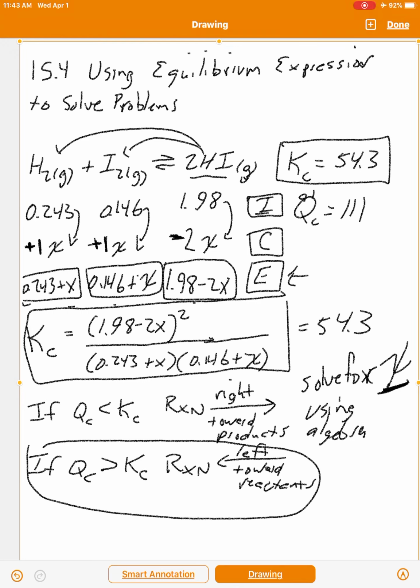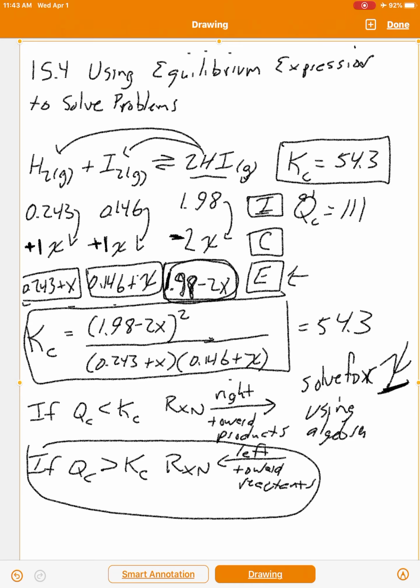And if we solve for x, what that does is the following. At equilibrium, the concentration of HI is 1.98 minus 2x. So if we solve for x, we can calculate what the concentration of HI at equilibrium is just by plugging that in. So let's say that x was 0.01. We would just take 1.98 minus 2 times 0.01.